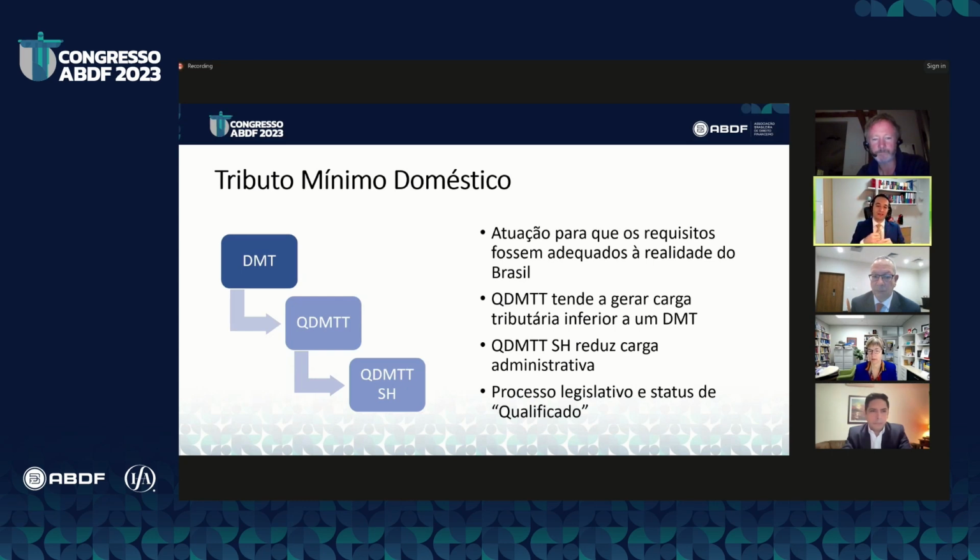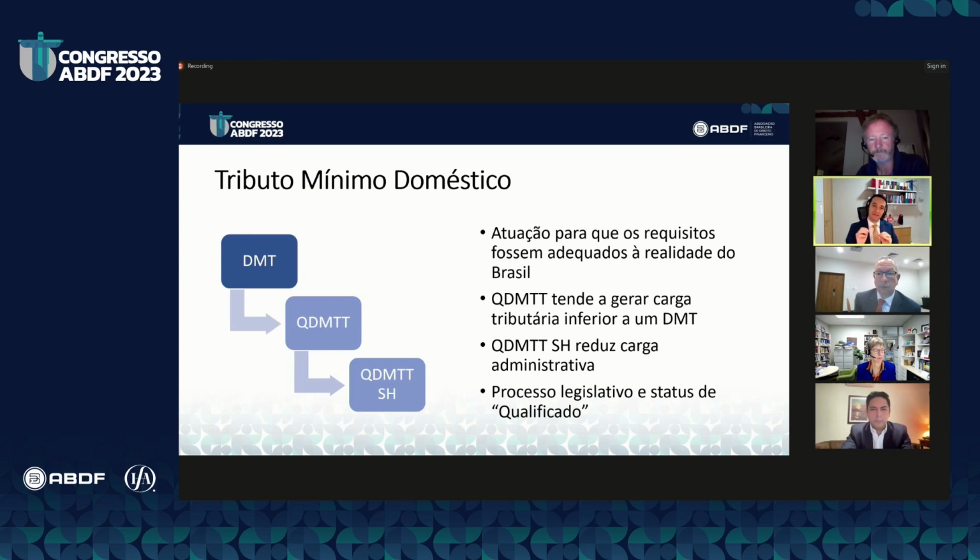Então, essa já era uma característica do QDMTT e que foi incorporada como um possível elemento do accounting standard do QDMTT Safe Harbor. Então, um elemento extremamente importante para a realidade brasileira. Segundo elemento, a possibilidade de adotar a moeda local, também extremamente relevante, porque evita a necessidade de se fazer conversões e conversões. Então, essa possibilidade também é um elemento relevante.